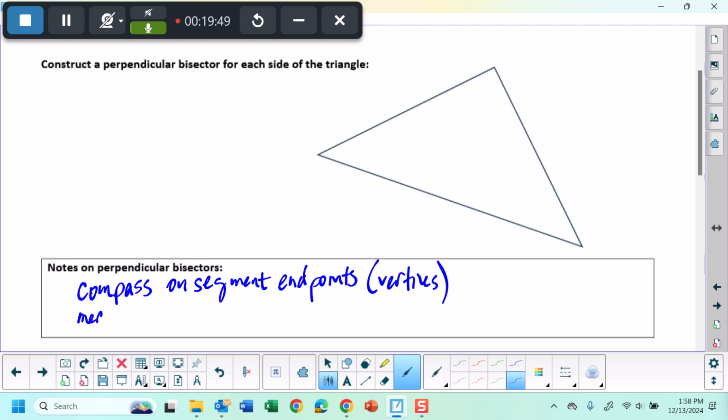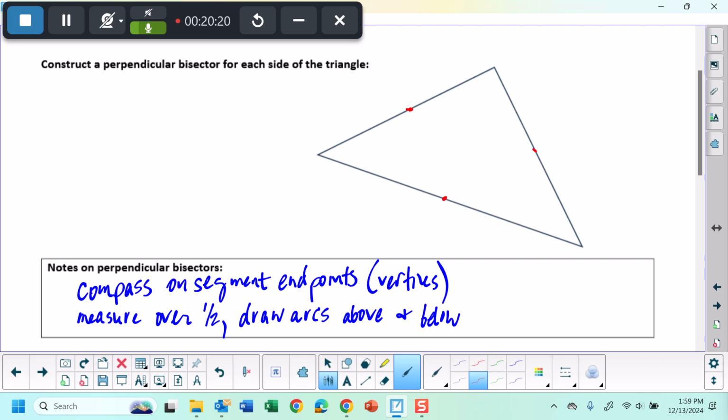You measured over halfway, and you draw arcs above and below. So what you should have on this triangle is constructions that help you find this midpoint, and this midpoint. You should have perpendicular lines, and they should all meet at a point of concurrency.